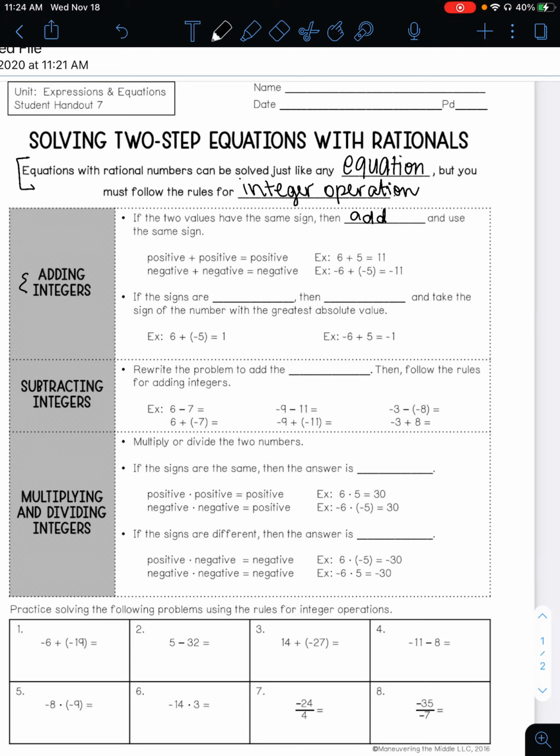So positive 6 plus positive 5 is positive 11, and negative 6 plus negative 5 is negative 11. You add and use the same sign only if they have the same sign.